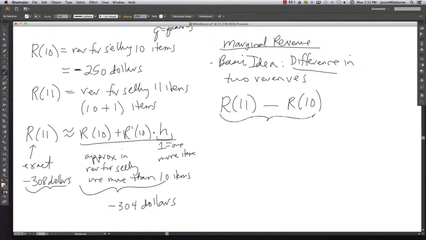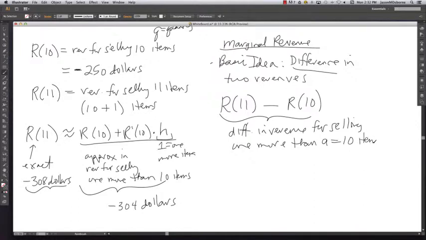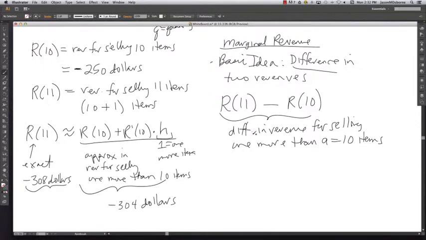So this is the difference in revenue for selling one more than a equals 10 items. So that's what this says. It's a difference.